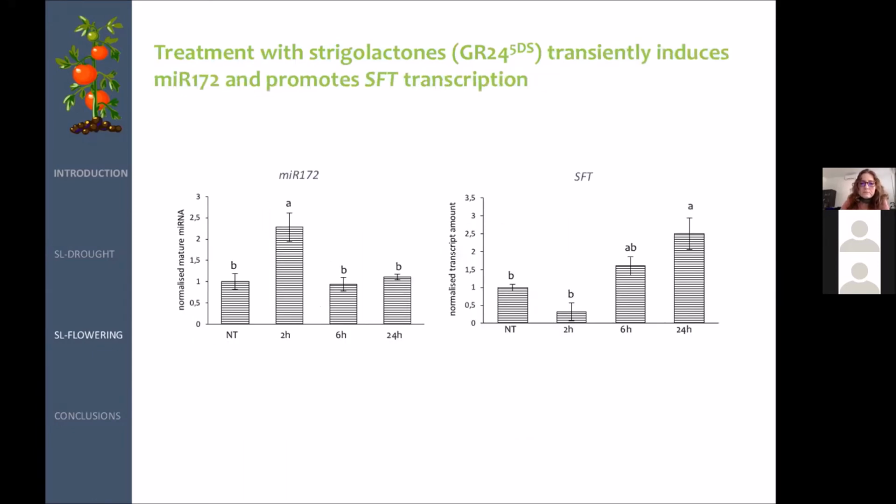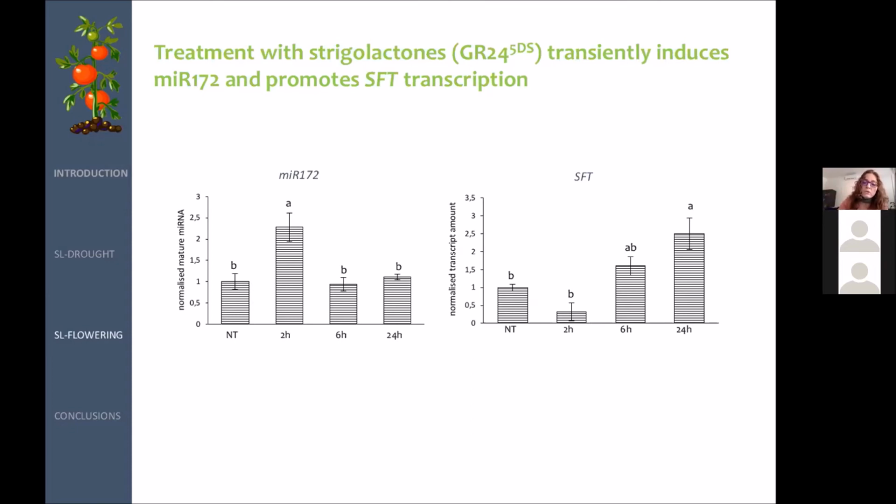And the answer is yes. The first and most meaningful, if you wish, to assess is SFT. This is the floral effector. It's the homologue of FT in Arabidopsis, and it produces the florigen. And it's described in the leaves. Then the product travels to the shoot apex to initiate floral transition and orchestrate with other players the production of the inflorescence.